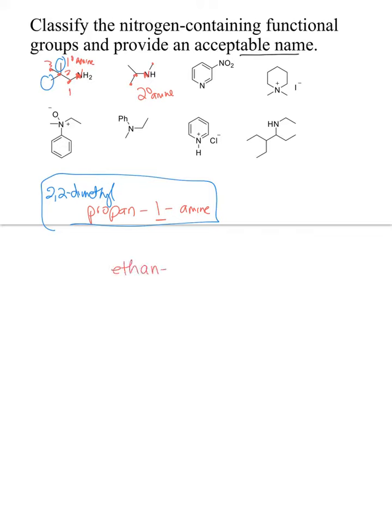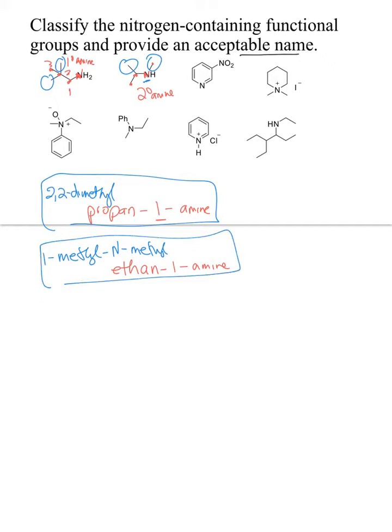Drop the E, add 1-amine. But then you notice the substituent here, a methyl group. When you have a methyl group on the nitrogen, instead of using numbers, you would write N-methyl. That's how you do that.